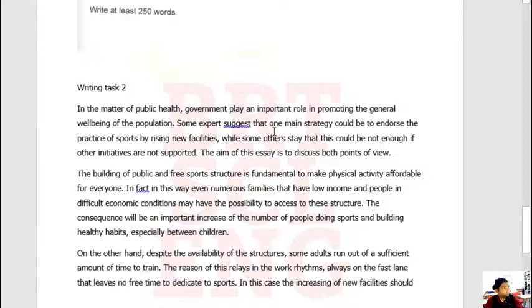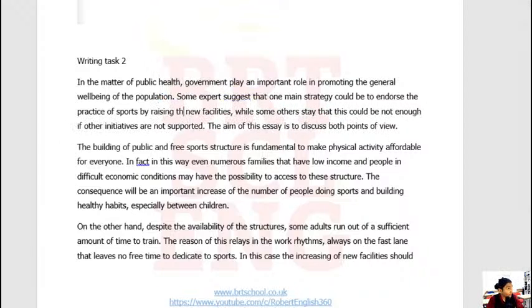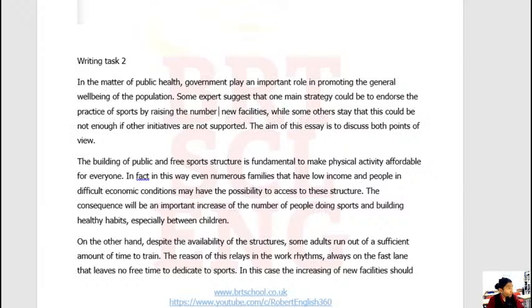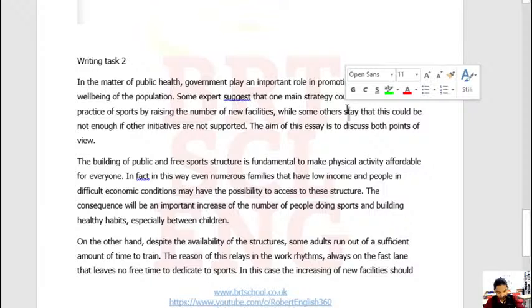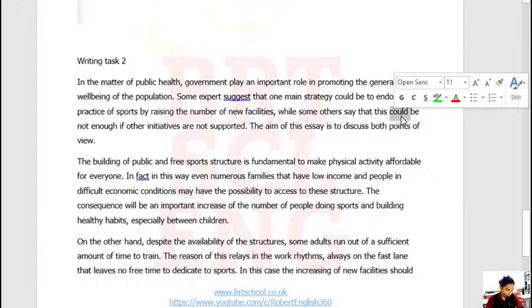Some experts suggest that one main strategy could be to endorse the practice of sports by raising the number of new facilities, while others say... you have to read your essay when you have finished writing. Just because you finished it doesn't mean that you have finished. You actually have to read it and root out mistakes like these ones. That this might not be enough.